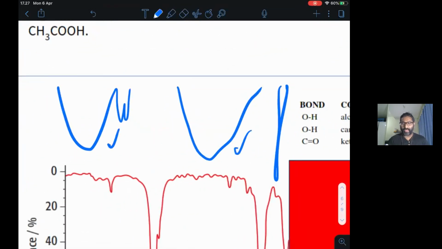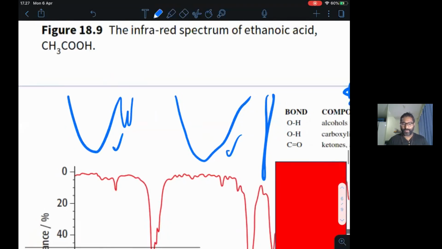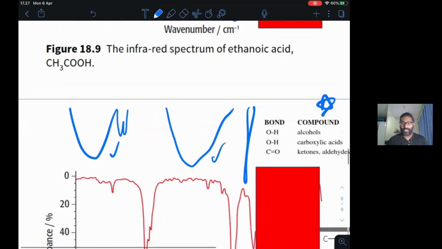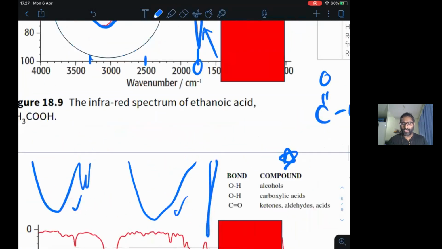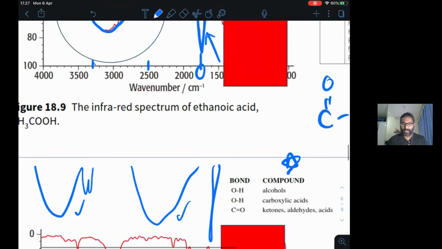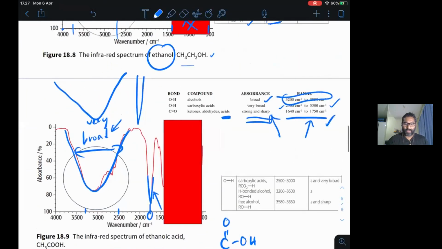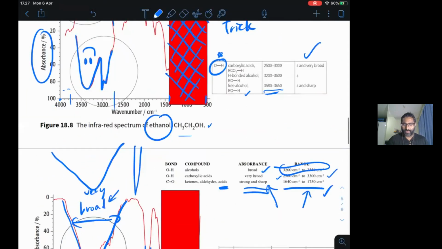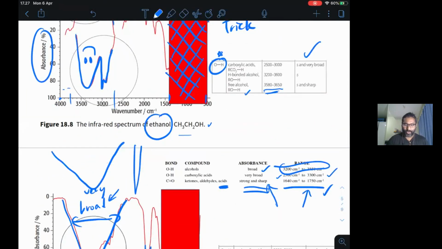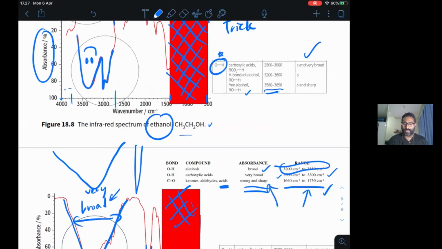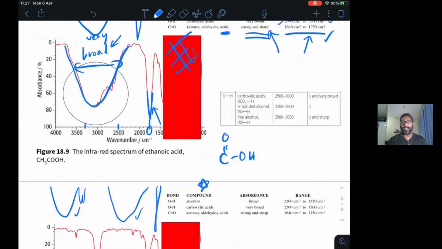If you have this and this, that's going to be carboxylic acid. If you have some other compounds, you need to refer to the data booklet, and from 800 to 1400, that part you ignore, you don't want to see all that. So you need to understand this part.